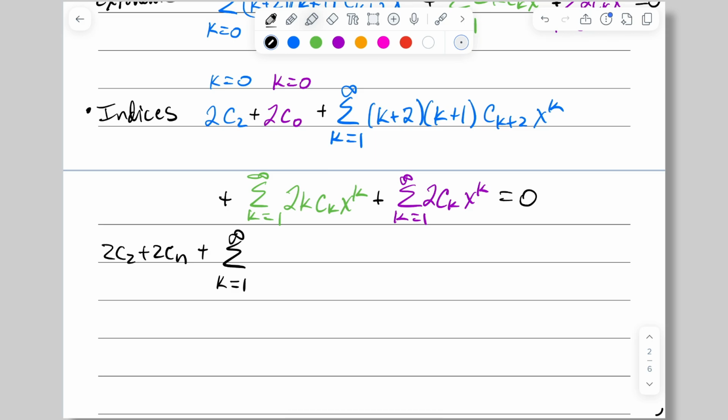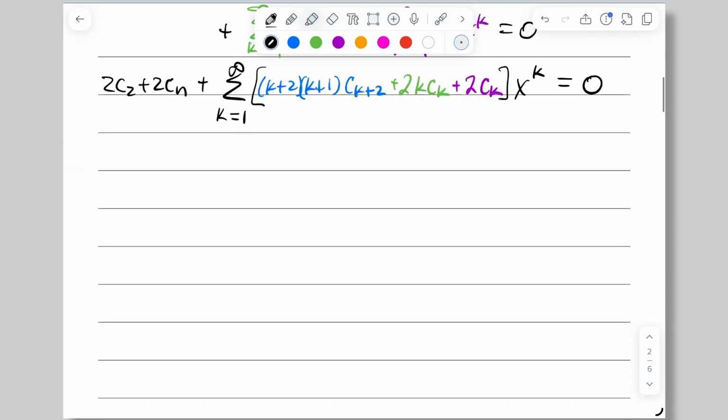We get the sum as k goes from 1 to infinity. I'm going to write down the x to the k outside of the entire thing. And then from the blue one, we have k plus 2, k plus 1, c sub k plus 2. From the green one, we have plus 2k c sub k. And from the purple one, we have plus 2c sub k. The whole thing is equal to 0.